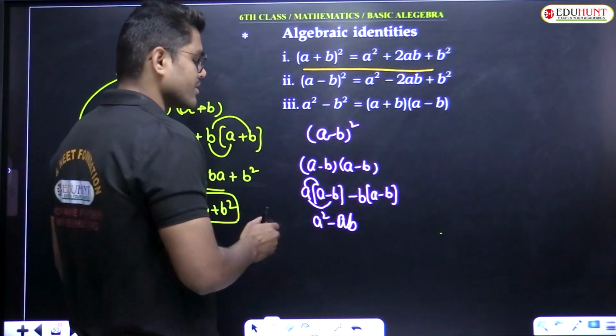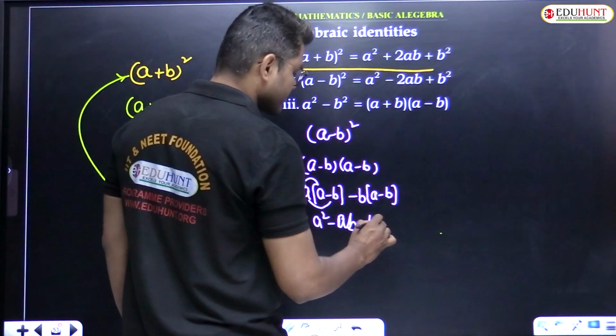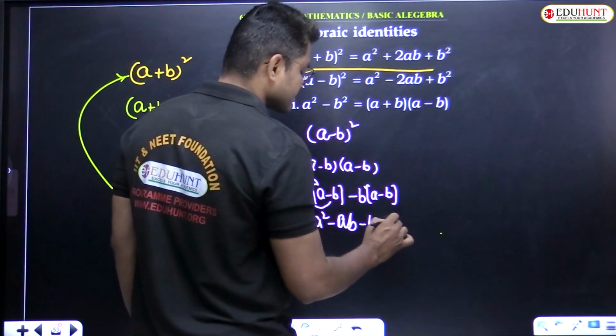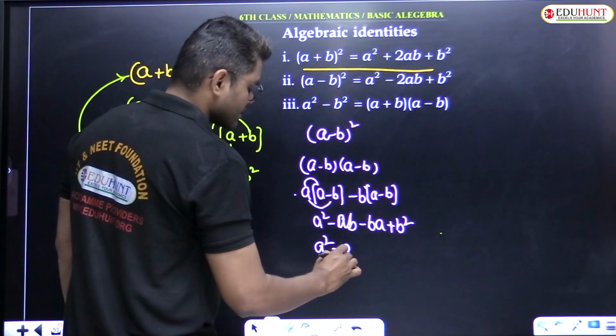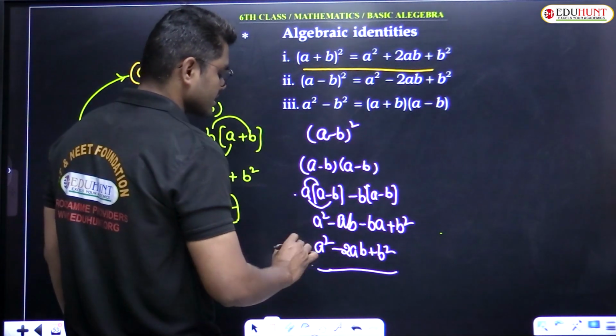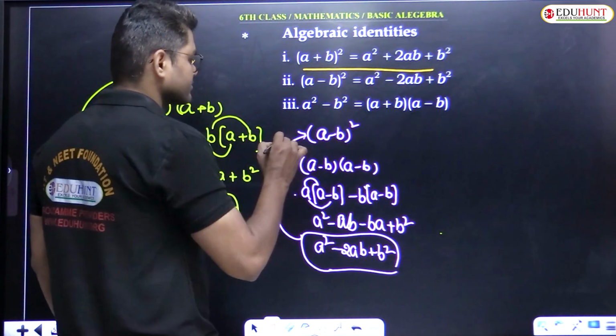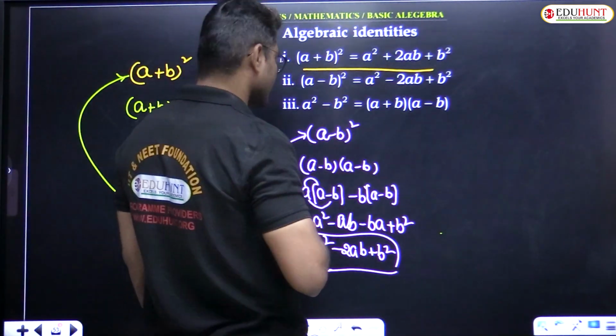This is minus ab because it is having plus and it is having minus. This is minus ba, this is minus into minus, plus b square. So, here a square minus 2ab plus b square. This is the result. A square minus b square equals a plus b into a minus b.